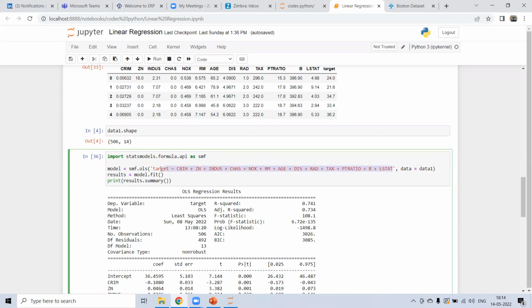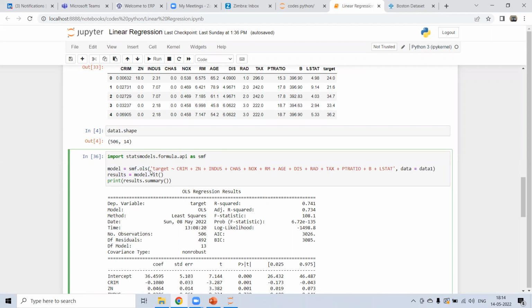This is a very common expression written in both R and Python. And data equals data1, the dataset I will be using. This line runs the regression and saves all the results in model. Results is the model fit, and then I print the result summary.